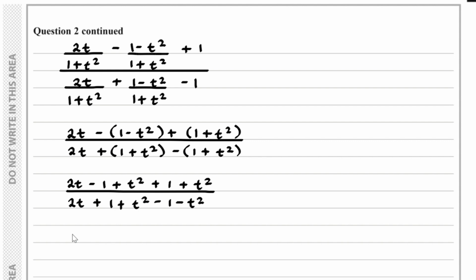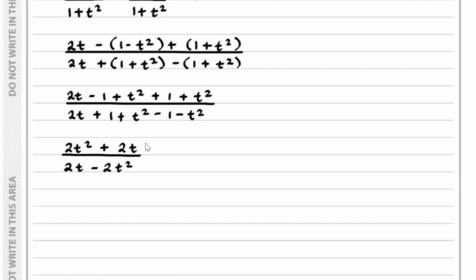Simplifying the top, we have 2t squared plus 2t divided by 2t minus 2t squared. And if I divide through by 2, we end up with t squared plus t on the top, and on the bottom t minus t squared.